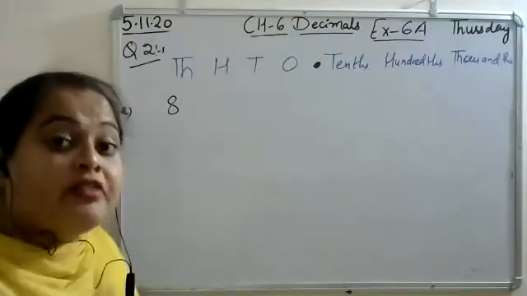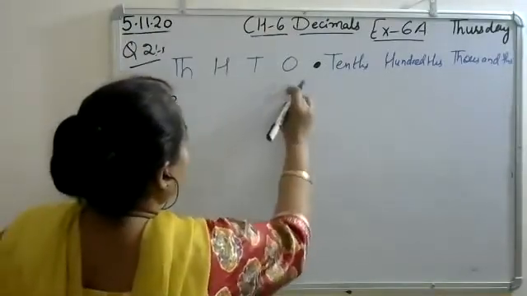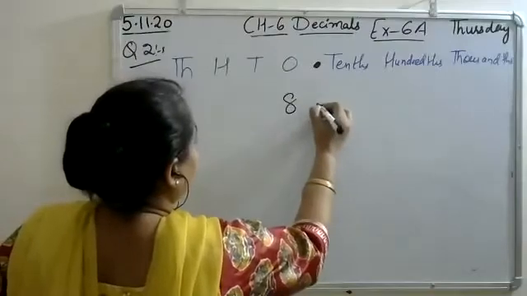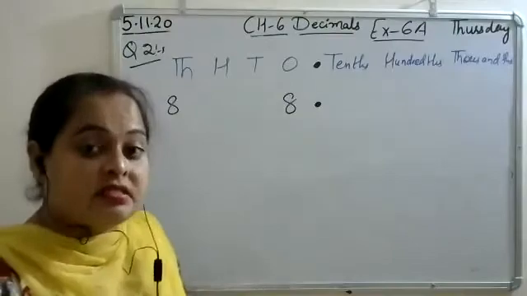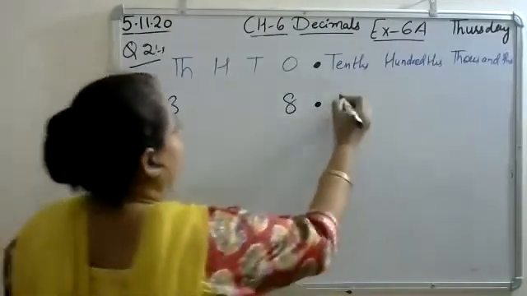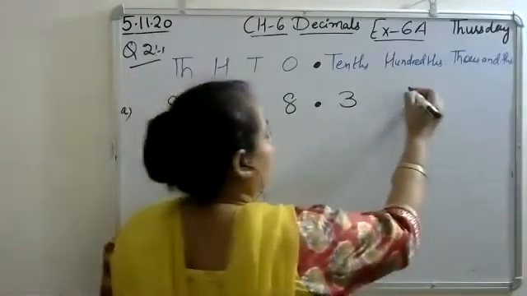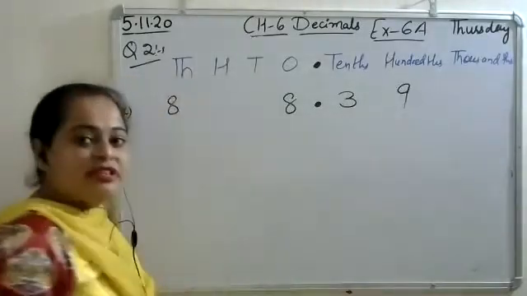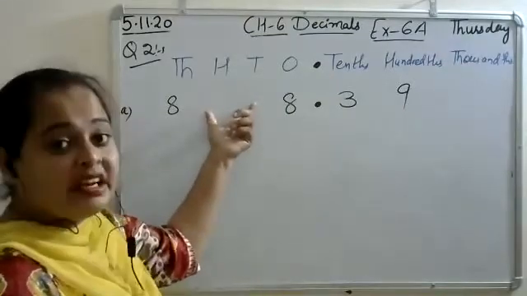Then 8 ones. This is ones. 8 ones. Decimal. 3 tenths. 9 hundredths. 9 hundredths.